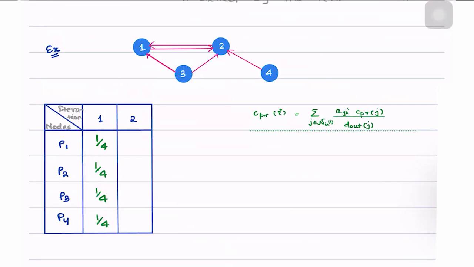Okay. Let's now try to compute the centrality scores for each of the nodes. And here we are looking at the simplified centrality score to begin with. Eventually, we'll show one more example, which is based on the random surfer model. So let's start.